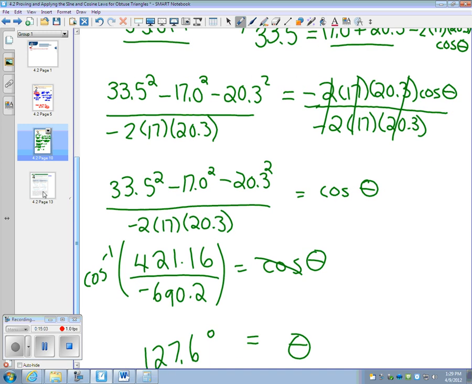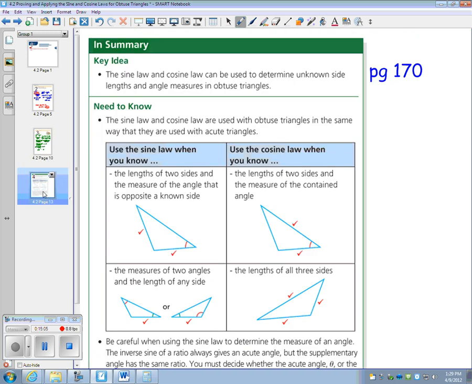A little summary right here that is found on page 170, which will be very valuable as you work through this section. The sine law and the cosine law can be used to determine unknown side lengths and angle measures in obtuse triangles. The sine law is used in the same way that it is used with acute triangles.